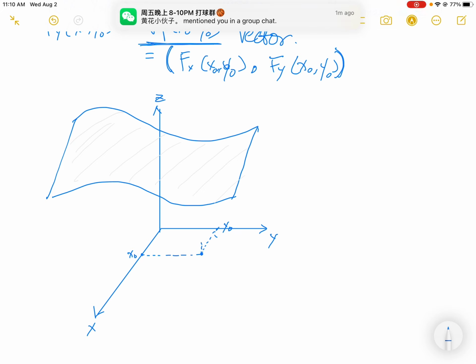Right? So this point results in z0 here. So then we see that basically as z increases, it's climbing this way. In this particular example, right? Z increases in this fashion, right?